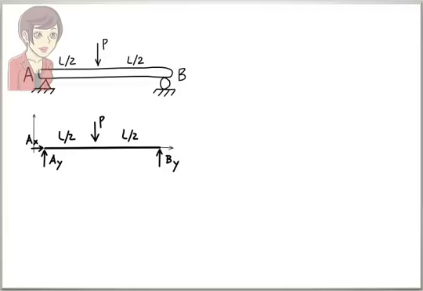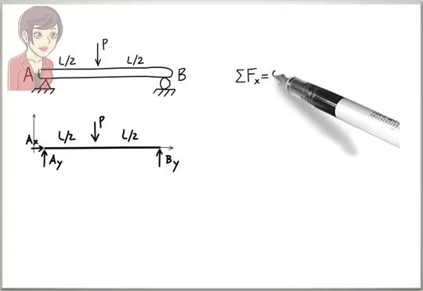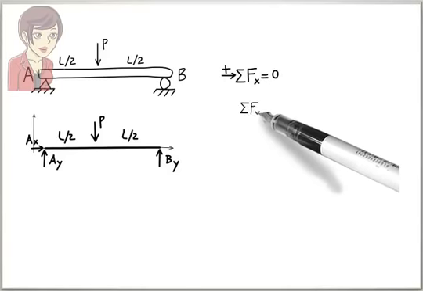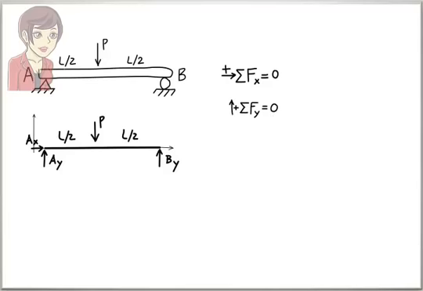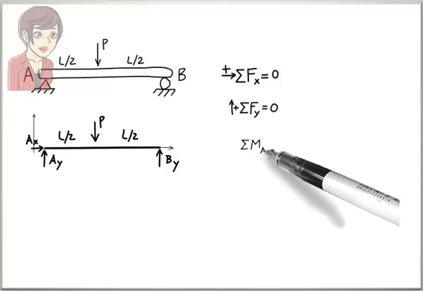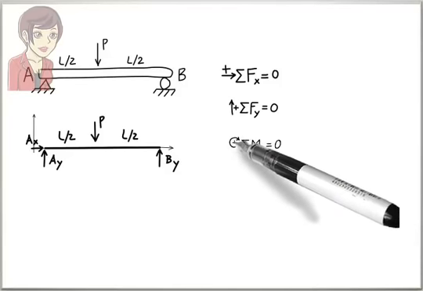To determine the support reactions, that is, to analyze the beam, we use three equations. 1. Sum of the forces in the x direction must be 0. 2. Sum of the forces in the y direction must be 0. 3. Sum of the moments about the z-axis at, say, point A must be 0.